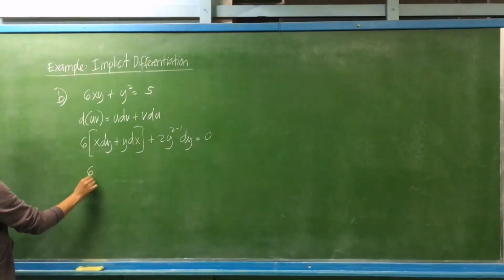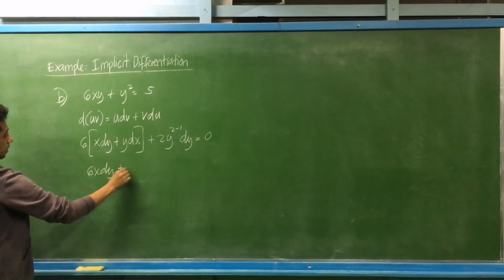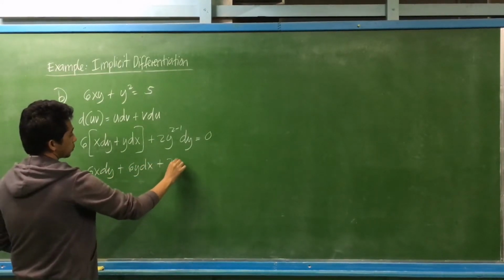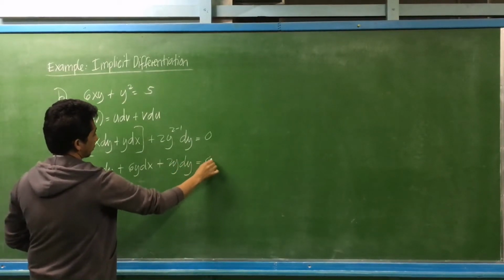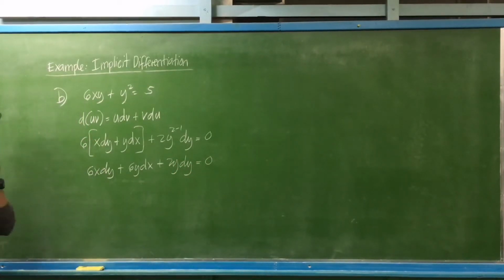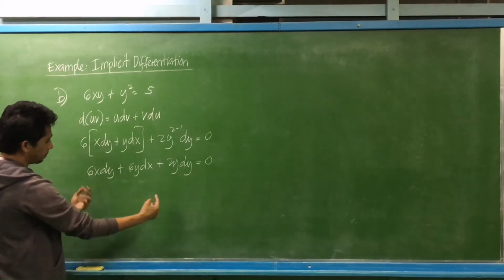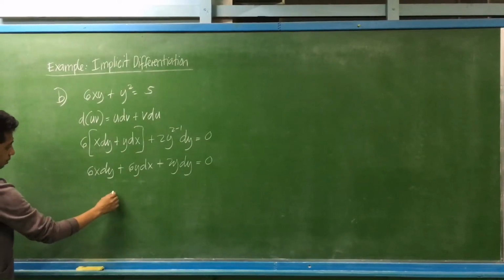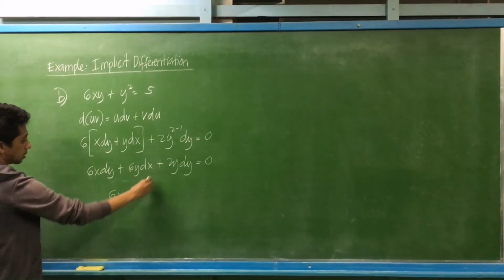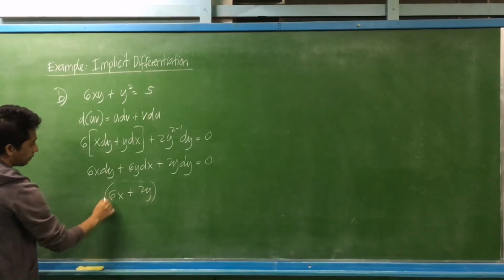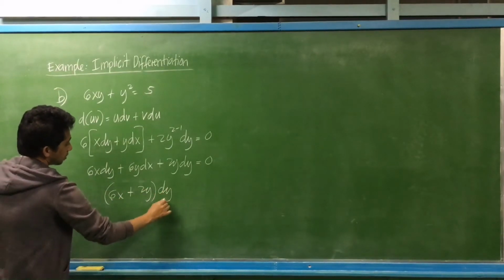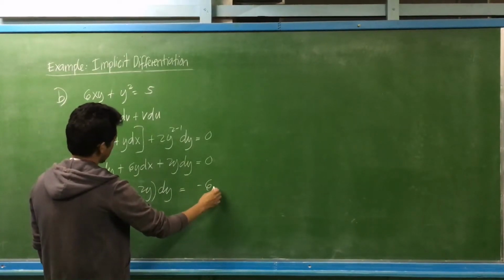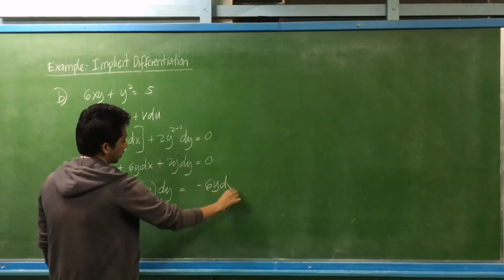So this is the same now as 6x dy plus 6y dx plus 2y dy equal to 0. So we have the terms with dy, then we may transpose the other term. So we have 6x plus 2y, I will factor out dy, equal to, transposing this, negative 6y dx.